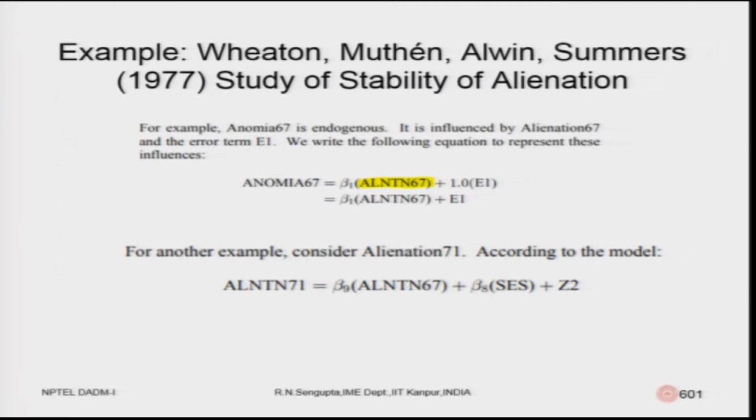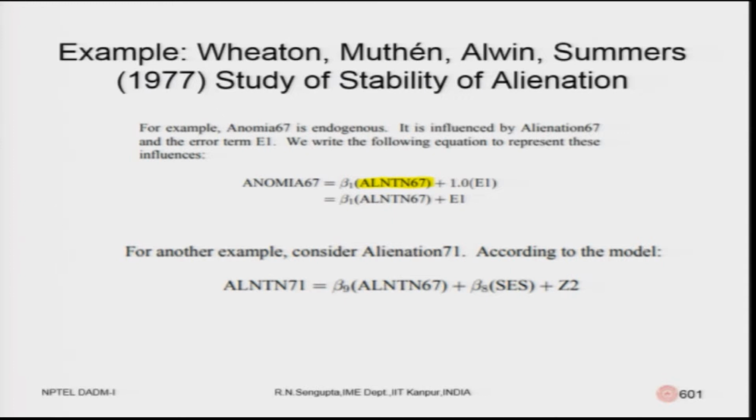So, let me continue reading it. For example, anomia 67 is an endogenous variable. It is influenced by alienation 67 and the error term, which would have a particular distribution with a certain mean and a certain standard deviation.